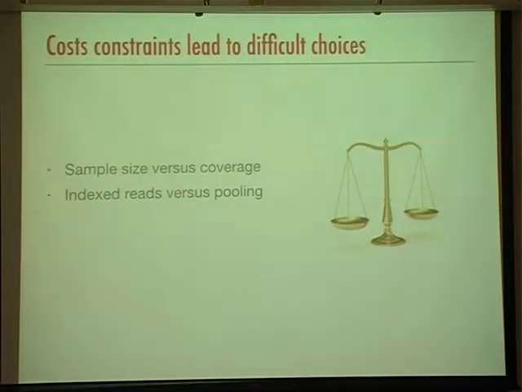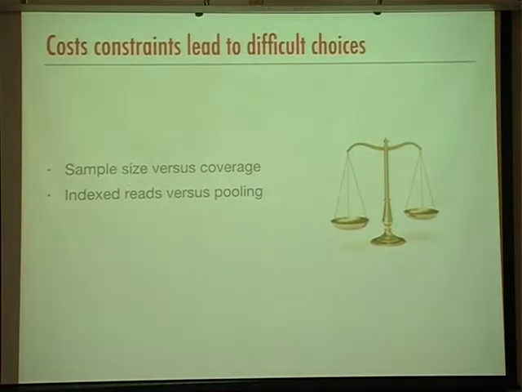We also have choices that Michael mentioned coming up in his own lab about whether we pool the sequencing that we do, or whether we do special library preparations that somehow mark each individual's DNA as unique before we put it into a single sequencing lane. So we index the reads or barcode the reads with individual specific adapters that we can then later use to pull apart which reads came from which individuals.